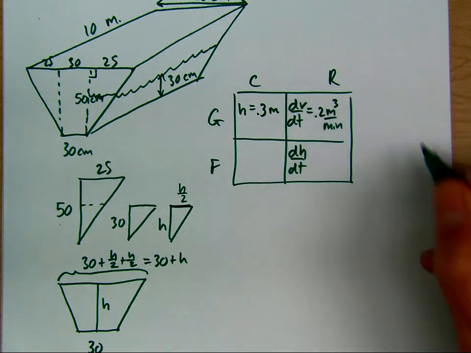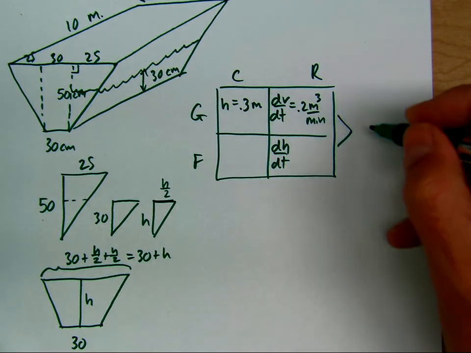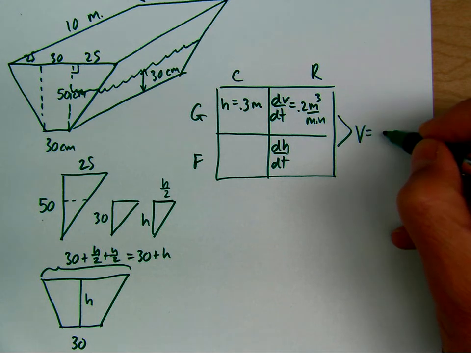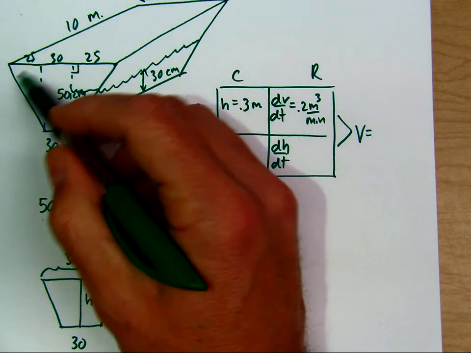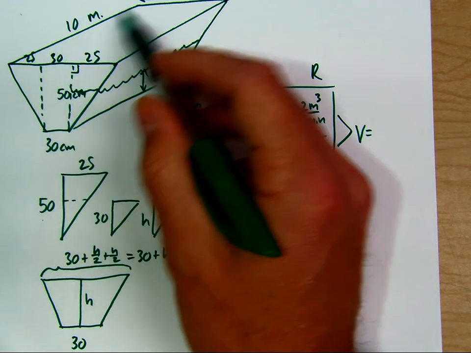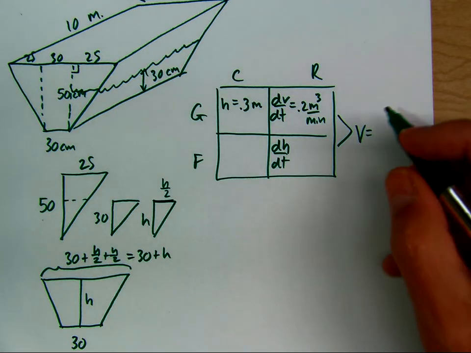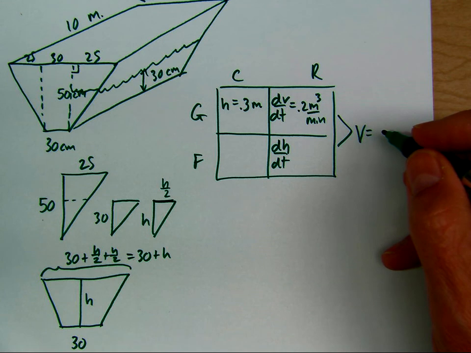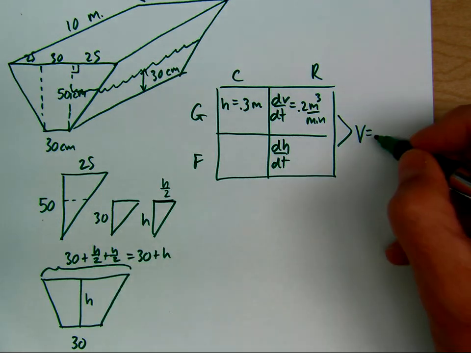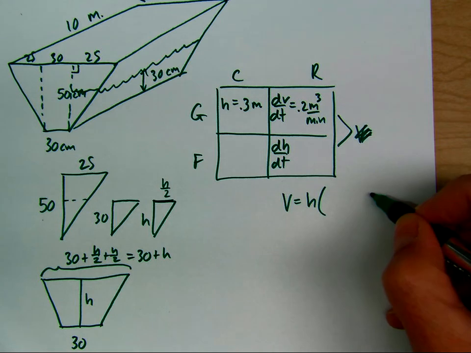And now we have to relate volume and height. So volume is going to be the area of this trapezoid times the depth of the trapezoid. So the area of the trapezoid is going to be the height times the mean of the two bases.